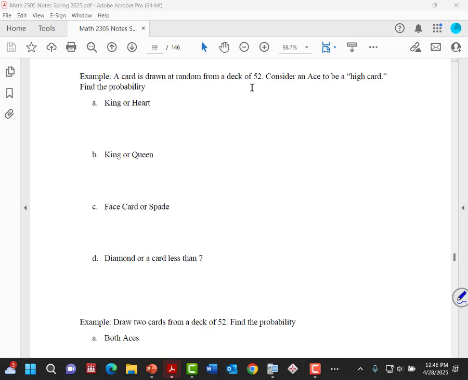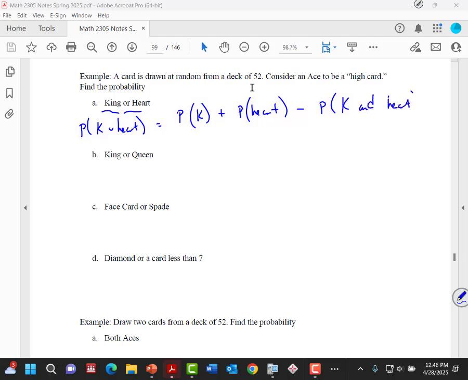So what about the probability of a king or a heart? So the probability of king union heart would equal the probability of a king plus the probability of a heart minus the probability of king and heart.